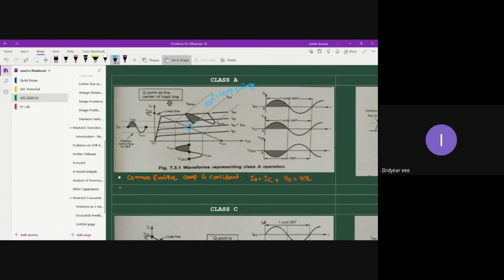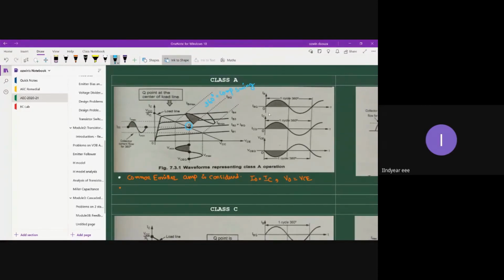Since base signal exists for complete 360-degree duration, or rather I can also say that when there is one full cycle of base signal, you will have one full cycle of output current, that is the collector current, and one full cycle of output voltage, which is VCE.